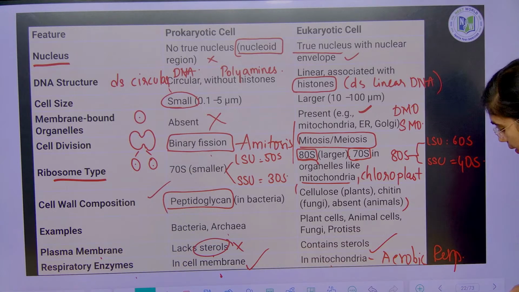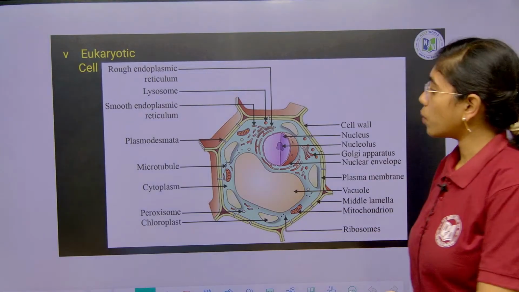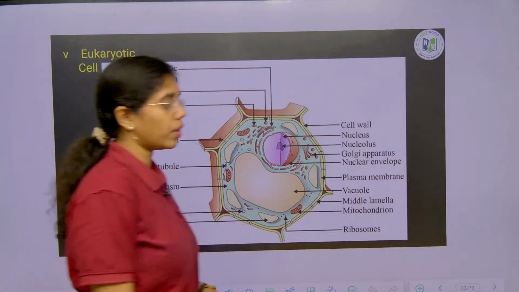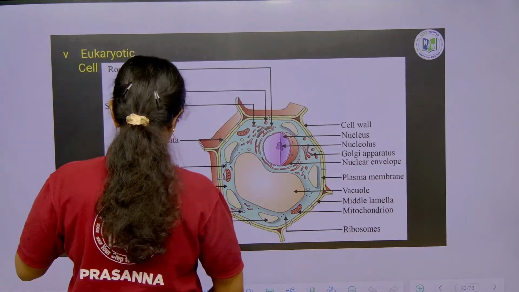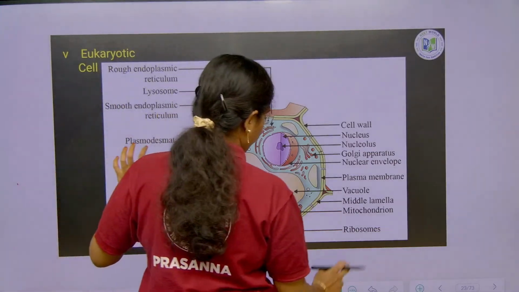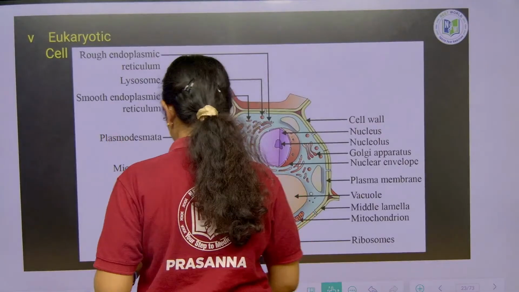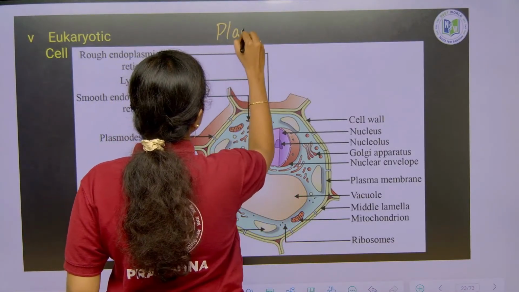Yeah, done, right? Now, let us look at the eukaryotic cell. First we will look at the diagrams, both for the plant cell and animal cell. First, plant cell.